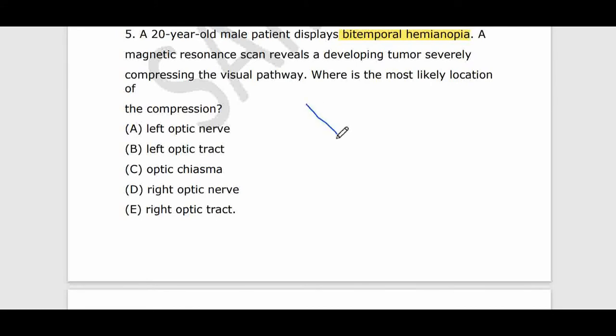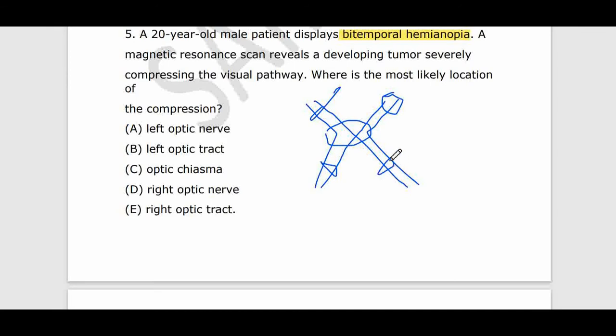Okay, and then what we should notice is, looking at the visual pathway, forgive my drawing. So this is how it works. All right, now this is the optic chiasma, this is the optic nerve area, and now this is the optic tract.